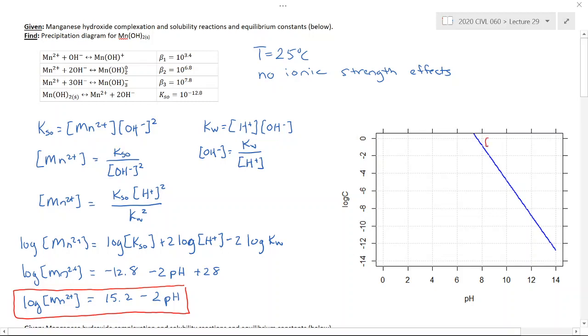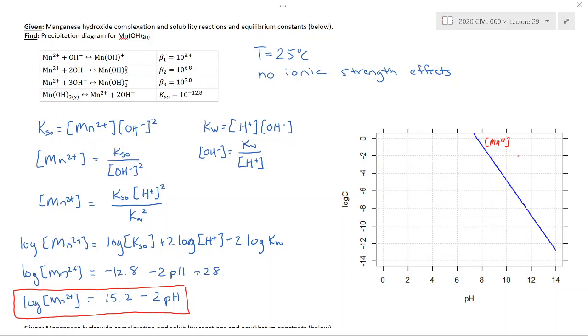This is my manganese line. So over on the left side of the line, the system is undersaturated and won't form a precipitant, but on the right side, it can potentially form a precipitant. We're going to add some more lines in here in the next video, so stay tuned.